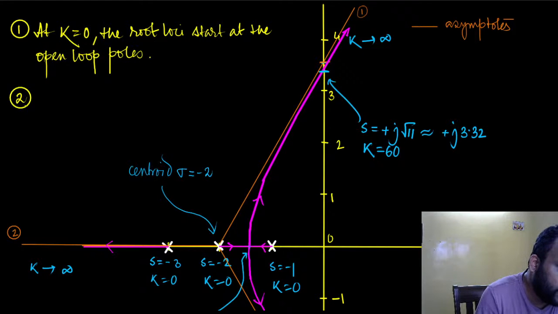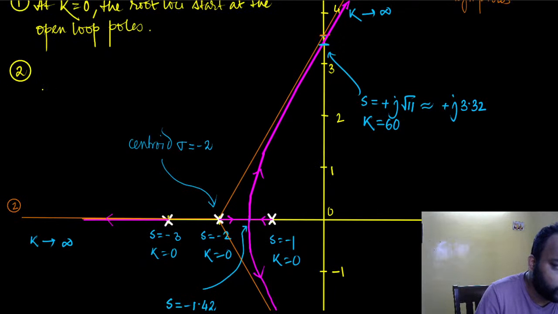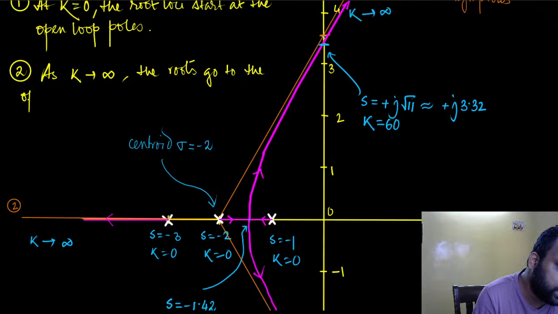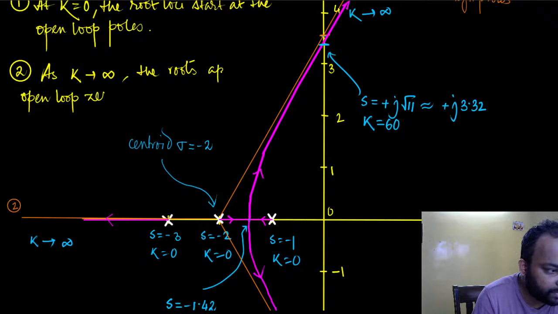Number 2, we have learned that as k tends to infinity, the roots approach the open loop zeros, rather than saying go to, I would say approach, because you can never go to infinity, you can only approach infinity.